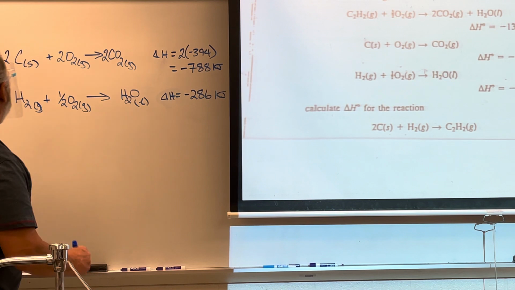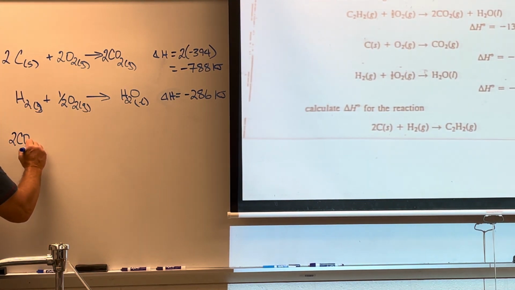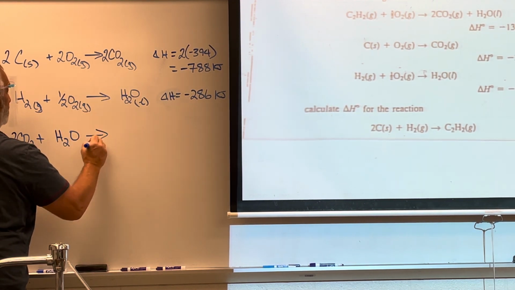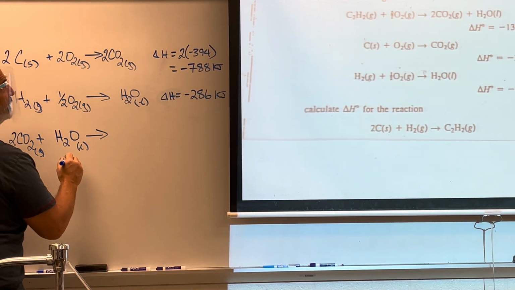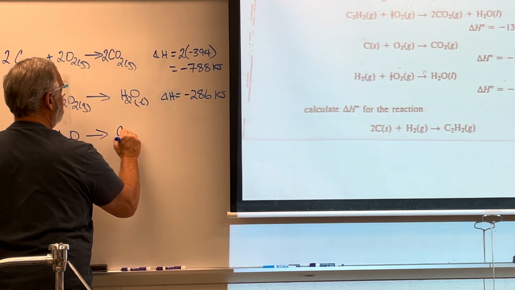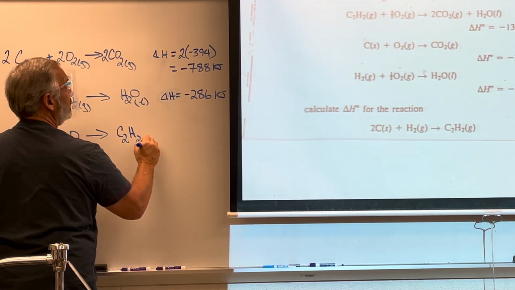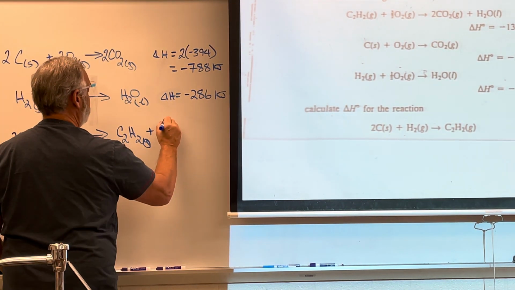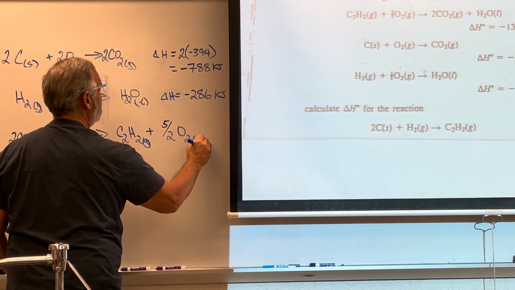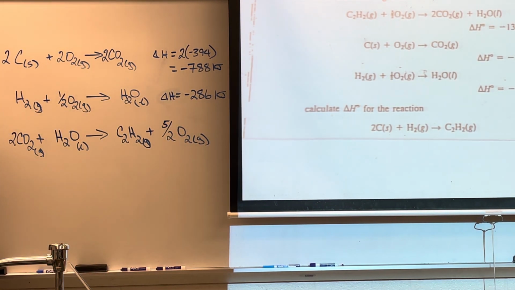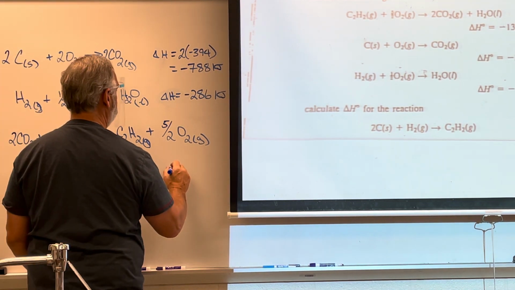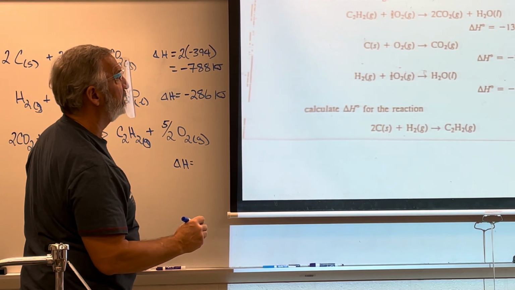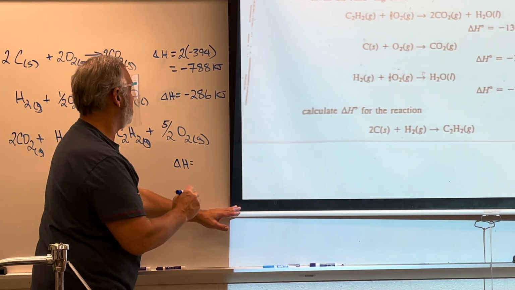So I'm going to end up with 2 CO2s plus 2 H2O goes to C2H2 plus 5 halves O2 gas. Okay, so what do I do to my delta H? Just change the sign, right? So it's going to be positive 1300.